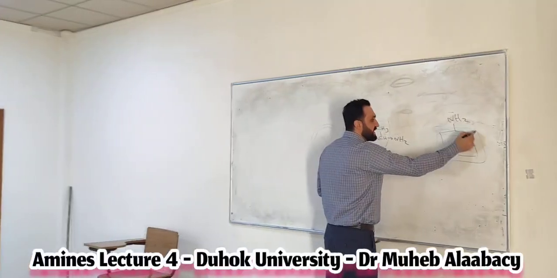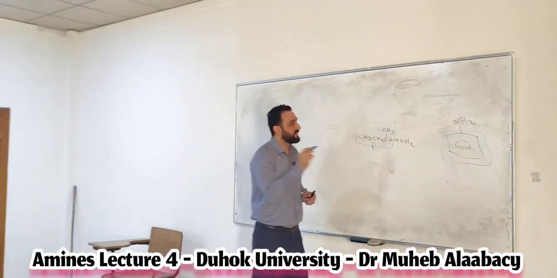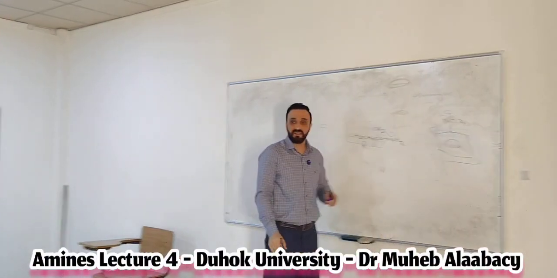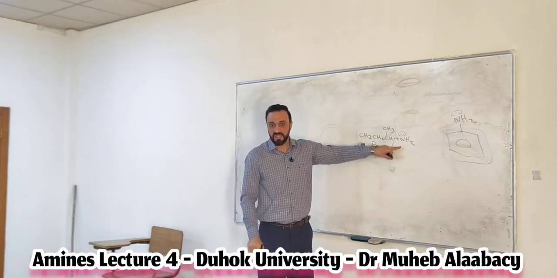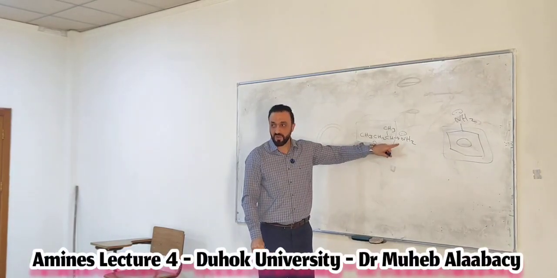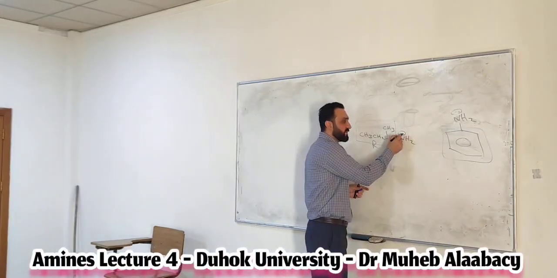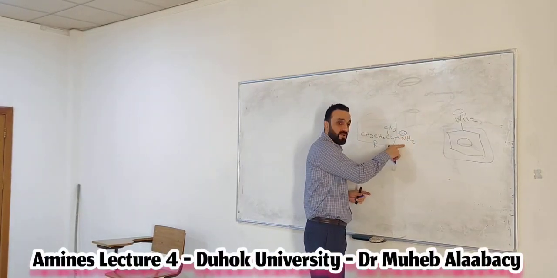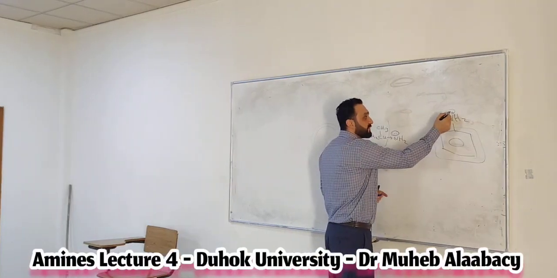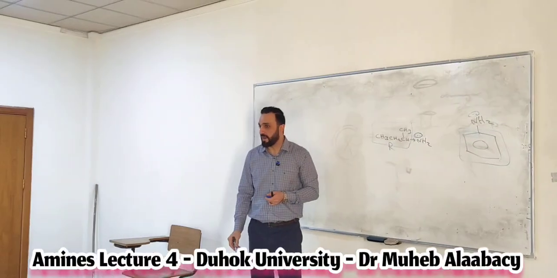Now, this aryl group is conjugated with the NH2, meaning we have resonance structures. So we have to think about the lone pair of electrons on the nitrogen. Is the lone pair localized on the nitrogen or delocalized? If the lone pair is localized on the NH2, it will be stronger than a lone pair that is delocalized over the benzene ring, over the aromatic part.